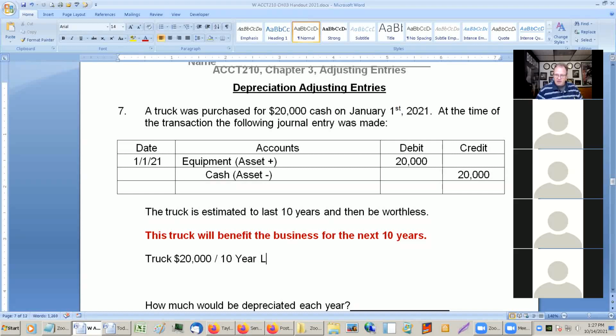It's going to benefit the company for the next 10 years. So as it benefits the company, we expense it. So we have $2,000 a year, and we're going to call this depreciation expense.